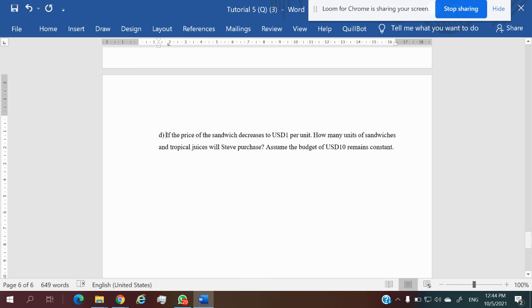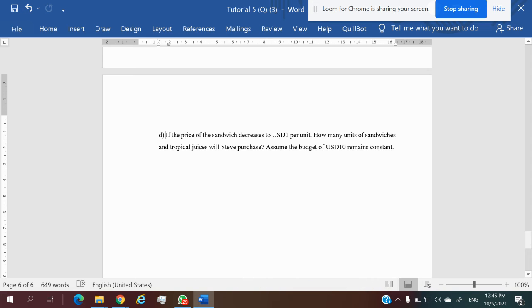And assume the budget of $10 remains constant. So we still have the $10 as our income. What will happen to our combination of goods that we purchase when the price of sandwich is reduced to $1 and the price of tropical juice is maintained at $2?